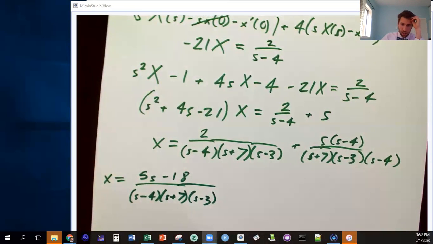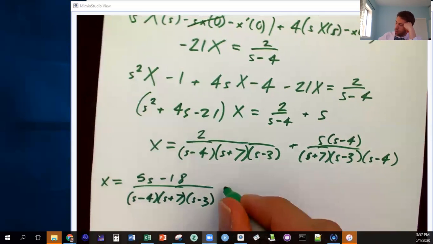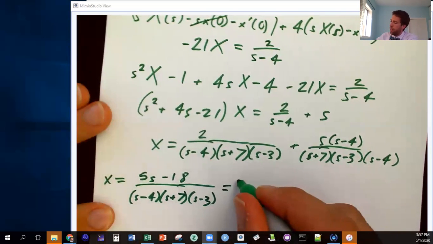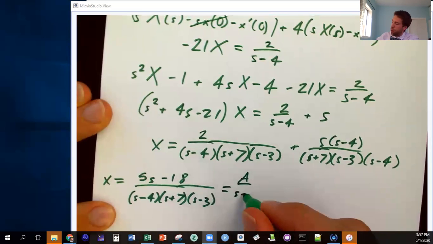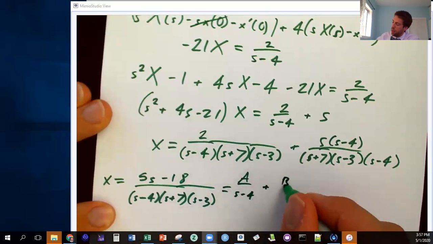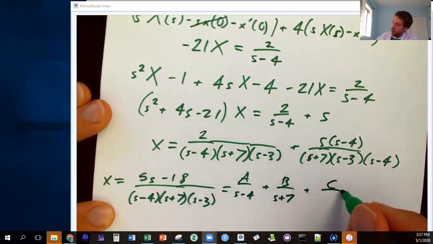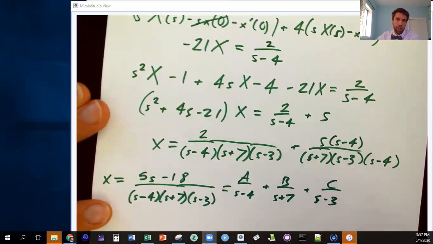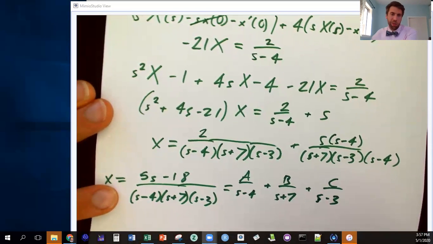Okay, so this is equal to A over s minus 4 plus B over s plus 7 plus C over s minus 3. It's all about figuring out what those numbers are.